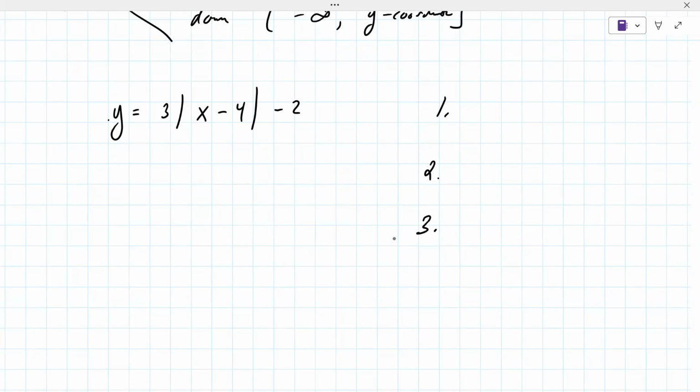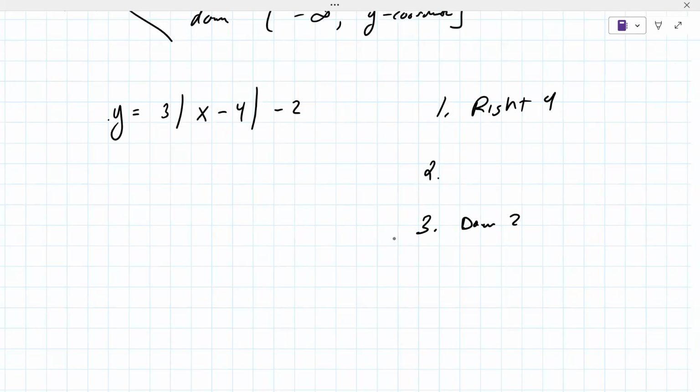So I know the last one is down 2, and then left 4, right 4. Oh, right 4.